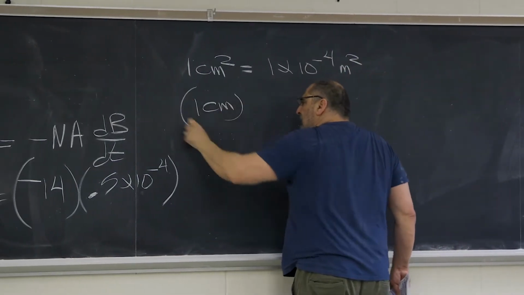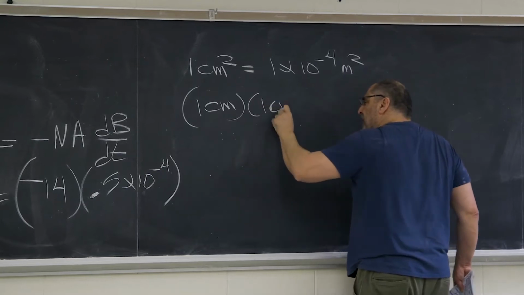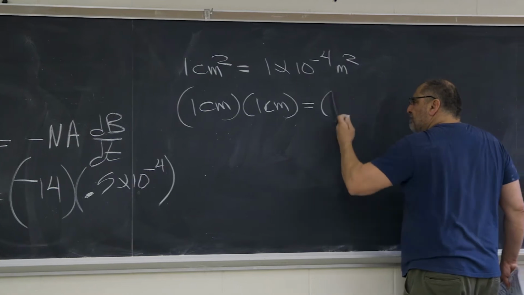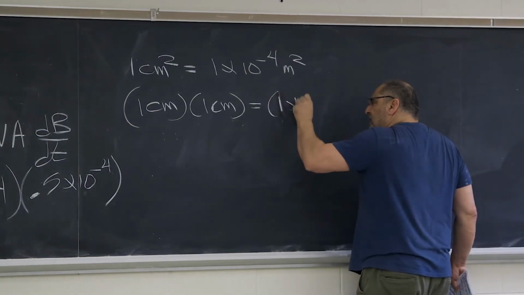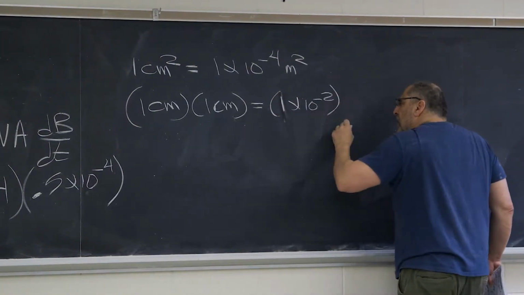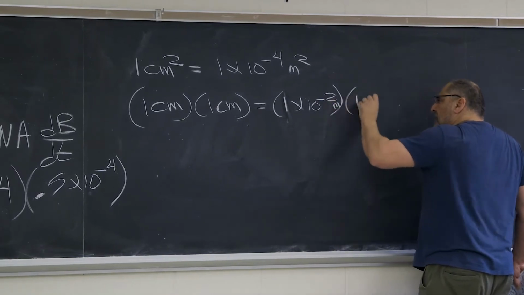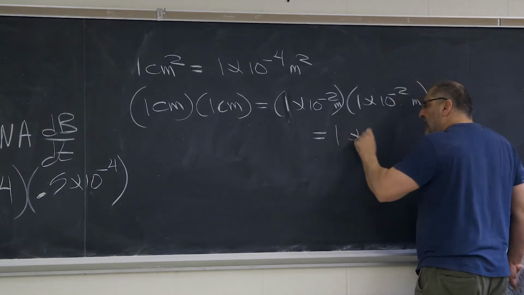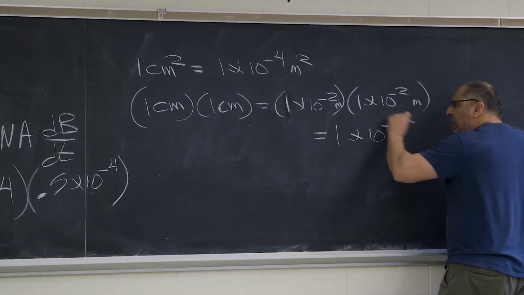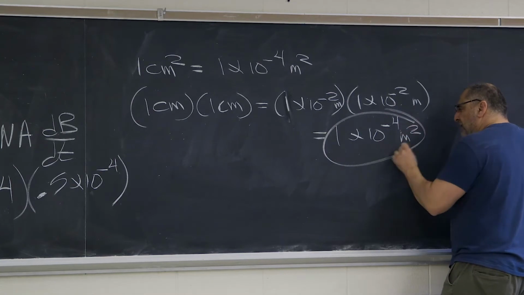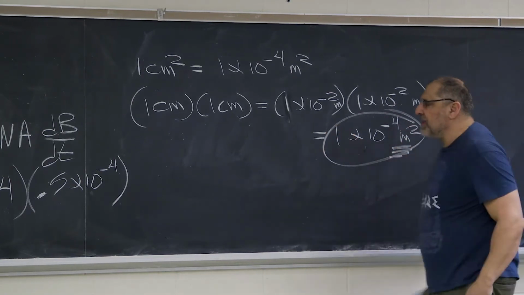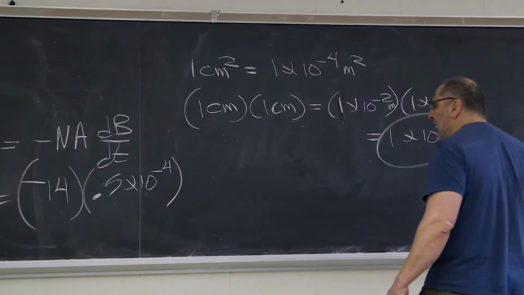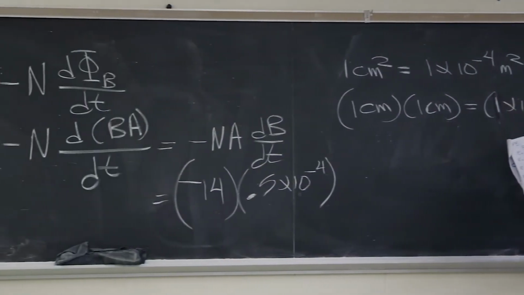Well, 1 centimeter by 1 centimeter is 1 times 10 to the negative 2 meters times 1 times 10 to the negative 2 meters. So the 0.5 square centimeters is going to be 0.5 times 10 to the negative 4 square meters.